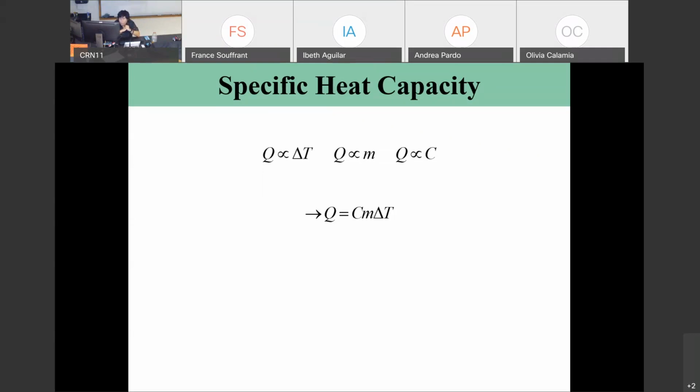So that's a way to understand heat: the transfer of energy. The other way is by doing work, which increases your internal energy.